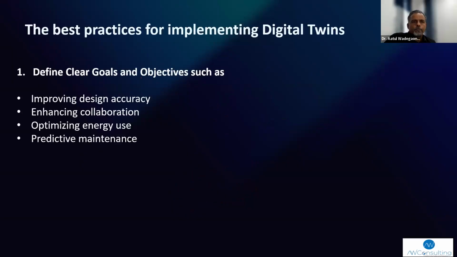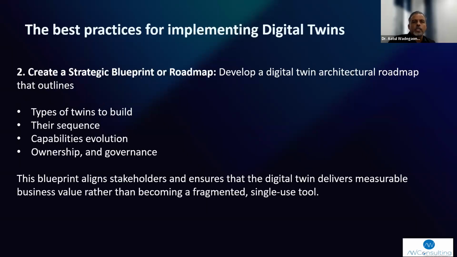No problem. So, as far as the best practices for implementation of digital twin is concerned, the very important aspect is that we should have a defined goal and clear objective. What we want: improve efficiency, enhance collaboration, optimize energy use, predictive maintenance, or impact on the environment. Whatever the goal is, it has to be defined first, and accordingly the systems are to be arranged.